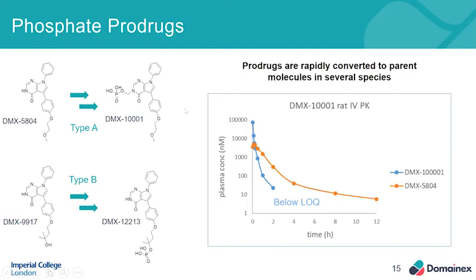At the right here is the data for DMX10001 in rats. You can see the blue line shows rapid disappearance of 10001 and rapid appearance of DMX5/4, showing that these compounds do indeed act as suitable prodrugs. We have similar data for 12213, which I've not shown here, and we've now shown this across multiple species.